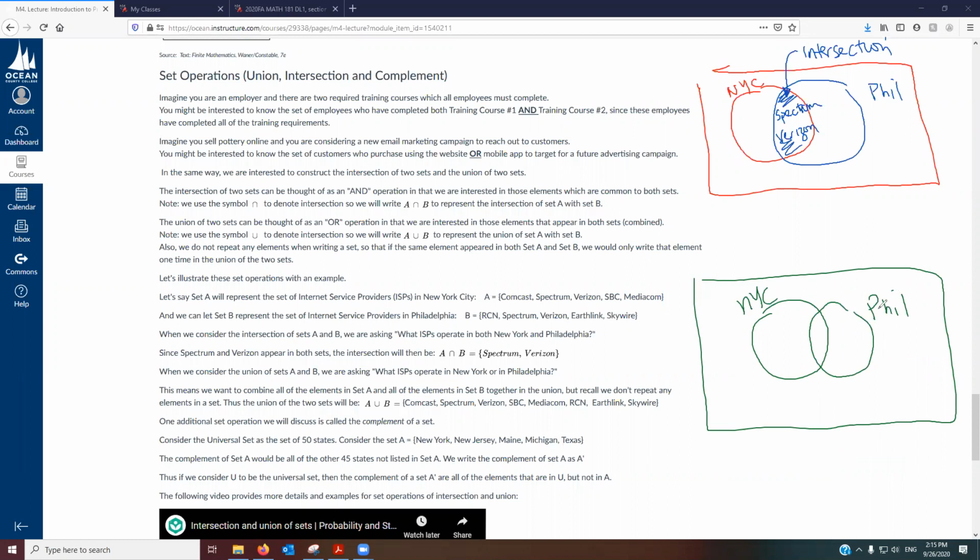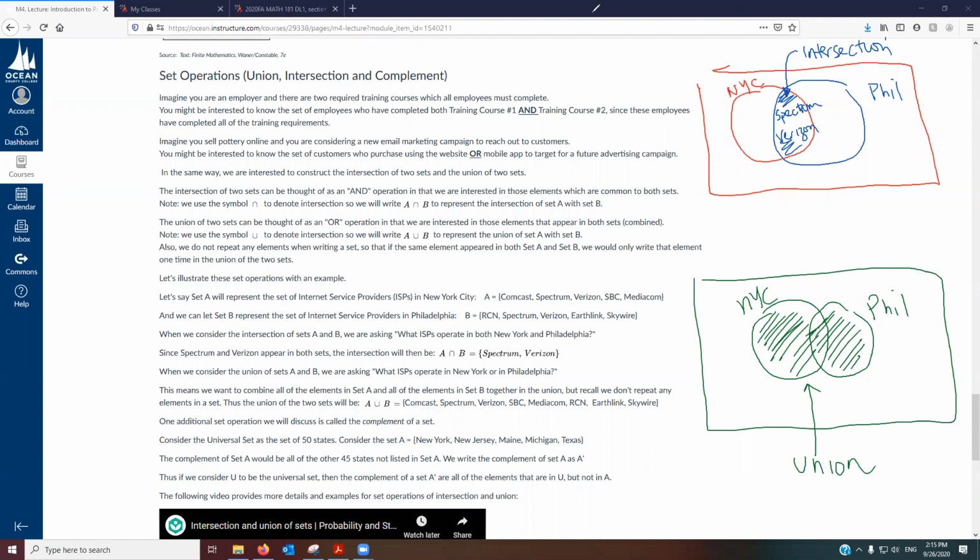The union really means join everybody together, right? I want all the elements that are in set A plus all the elements that are in set B. So really, any elements that are in these two circles would be the union. So the union is really the combination of any elements in the two complete circles here.